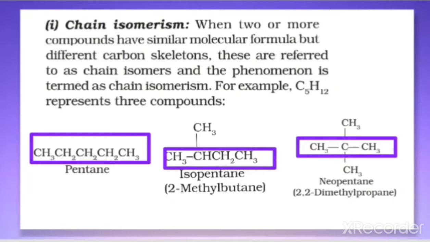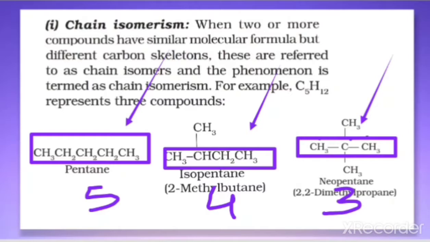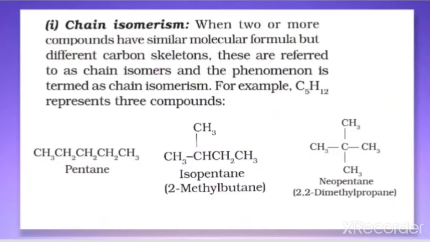So here there are 5 carbons in the main chain, here it is 4, and here it is 3 carbons in the main chain. And definitely these show different physical and chemical properties, even though they have the same carbon and hydrogen numbers. This type of isomers are called chain isomers. These are the chain isomers.